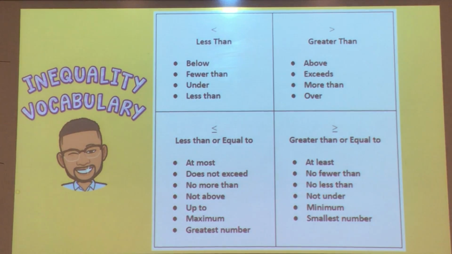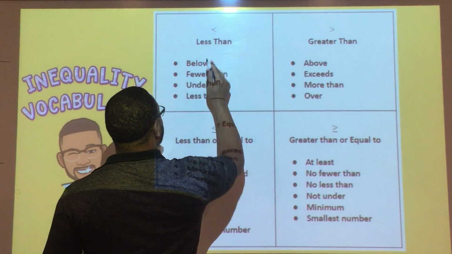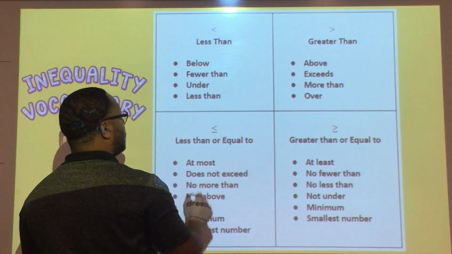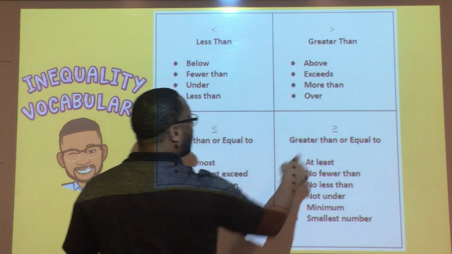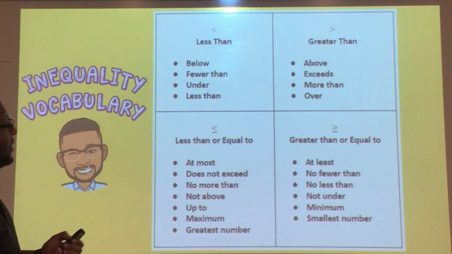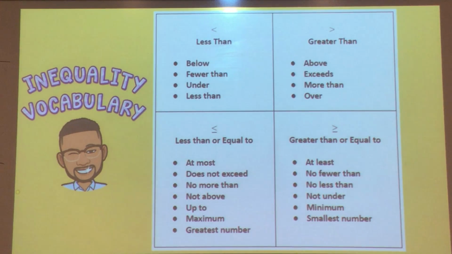So you have the less than sign, the less than or equal to, the greater than, and the greater than or equal to. And what you see listed here are some key vocabulary words that let you know what symbol to use. See, whenever I'm dealing with less than, my vocabulary words will be here.